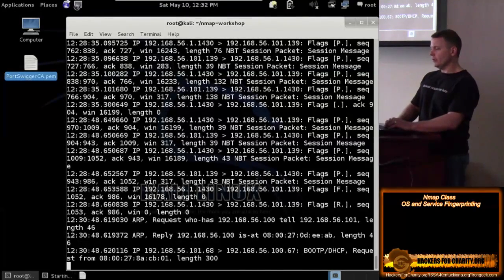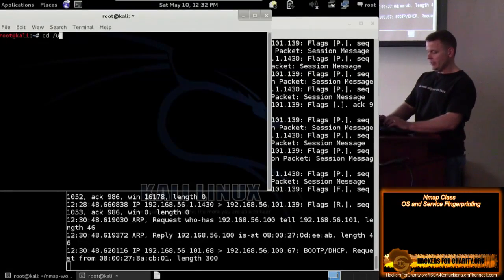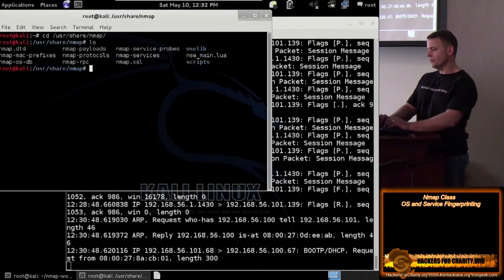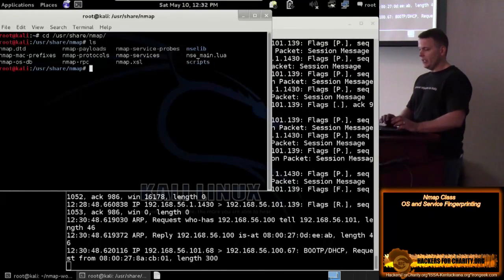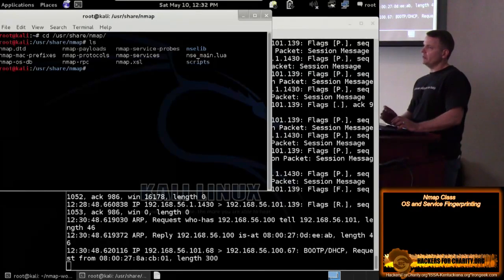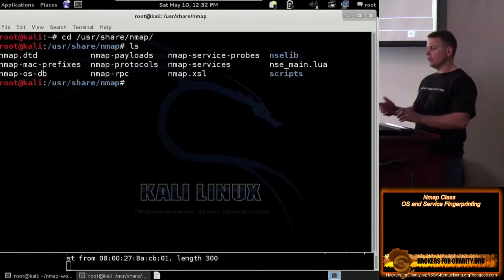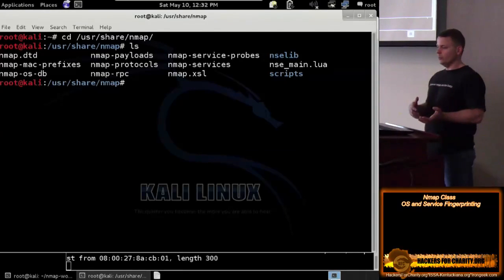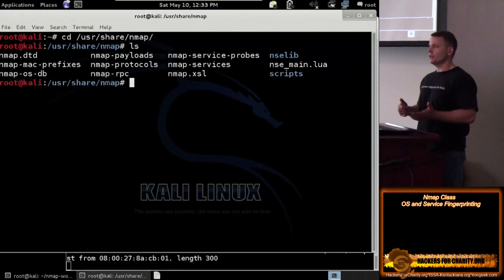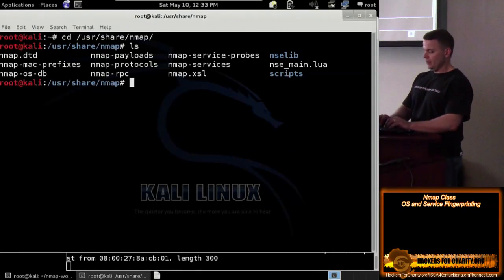Again, these files are in /usr/share/nmap if you're using the Kali build that we recommended for the class. There's also a service probes file that we can use to do the service version scanning. We've done a couple of service version scans and compared those against what the suggested value based on just the port number itself was.